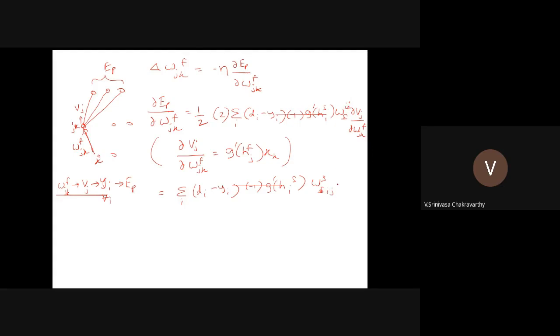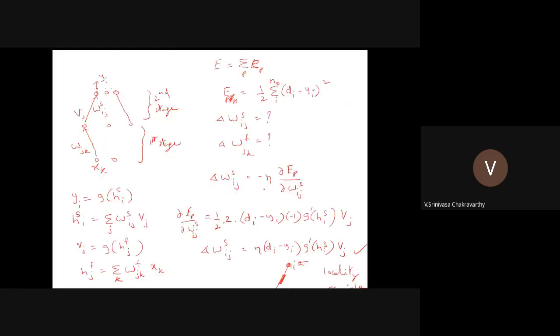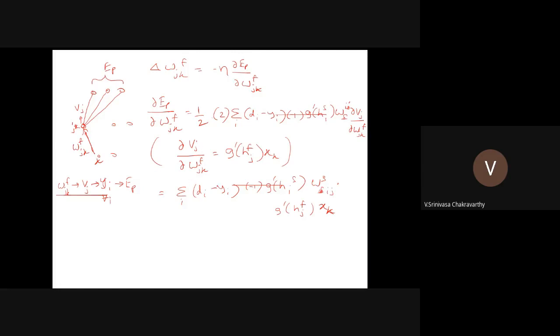Okay, and times G prime Hj of F times xk. So it's a pretty long product of lots of terms. It's a pretty complicated expression. Now even if you plug it into this equation, you just get rid of the minus sign and you have pretty much the same expression with an eta factor in the front. The point is, it's a pretty simple derivation.